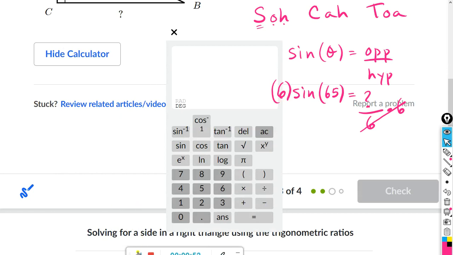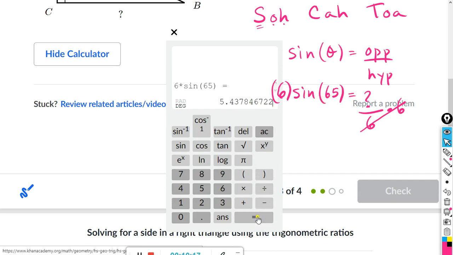I hit 6 times sine of 65. You can close the parentheses for the angle. I don't think you have to. Let me see. Okay, it makes you close the parentheses. There you go. 6 times sine of 65. Remember, this sine of 65 is one number.